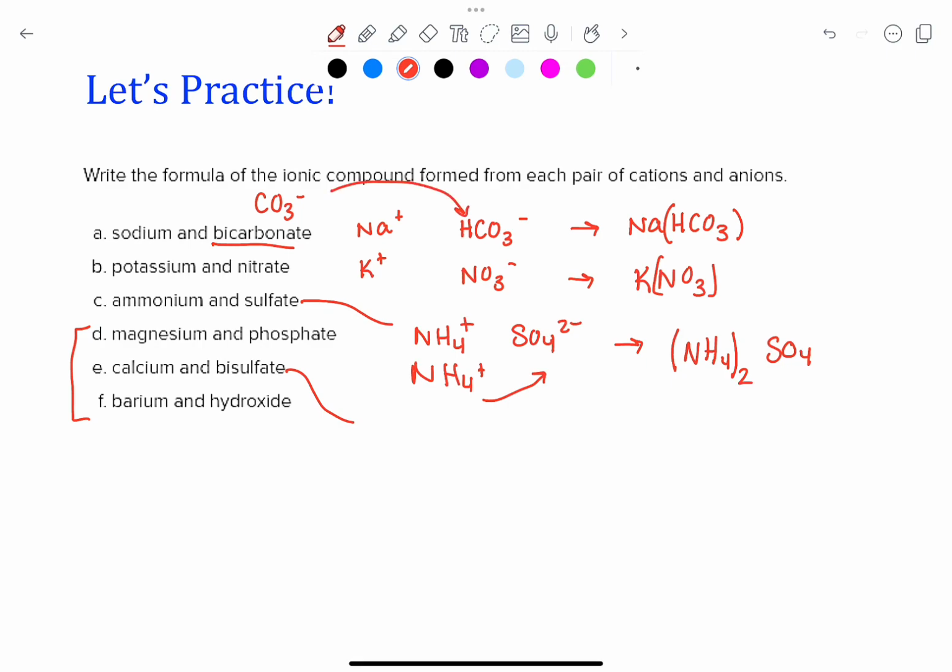Bicarbonate is HCO3-, so that bi means add 1 hydrogen. So bisulfate would be HSO4-. Now use your list and determine what the formulas of these compounds would be, based off of their polyatomic ions.